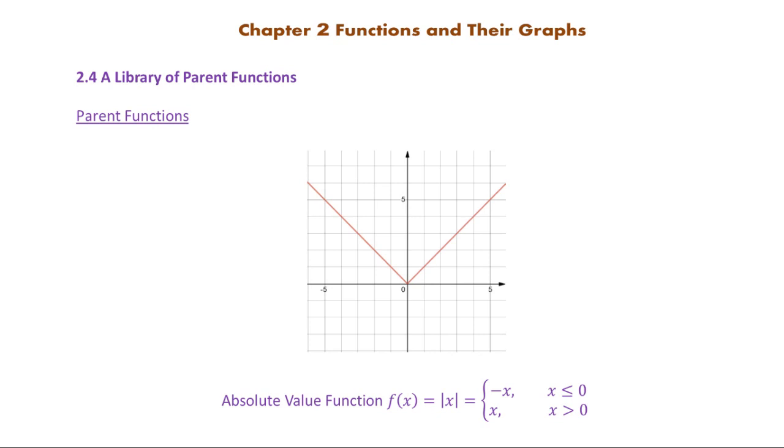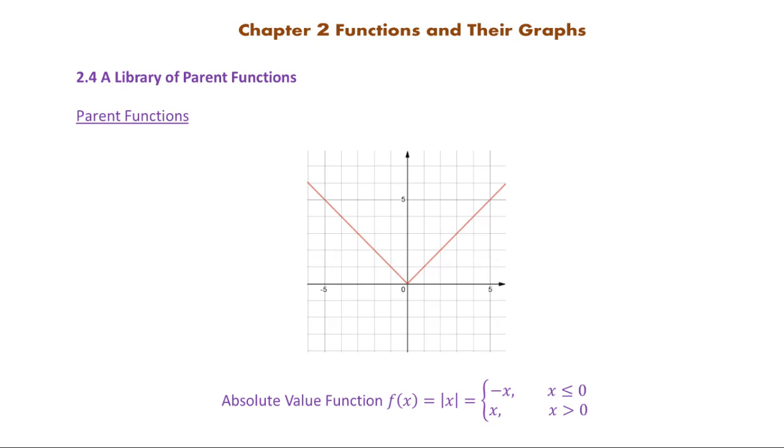So, for example, when x is positive, just look at the bottom part. When you take the absolute value of x, you just get the number itself, so f of x equals x for x greater than 0, right?